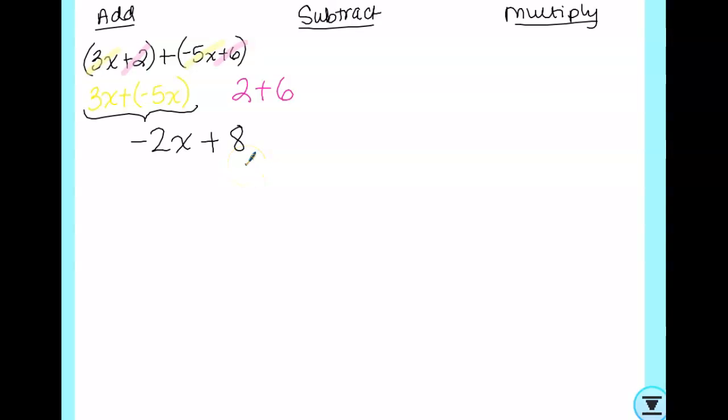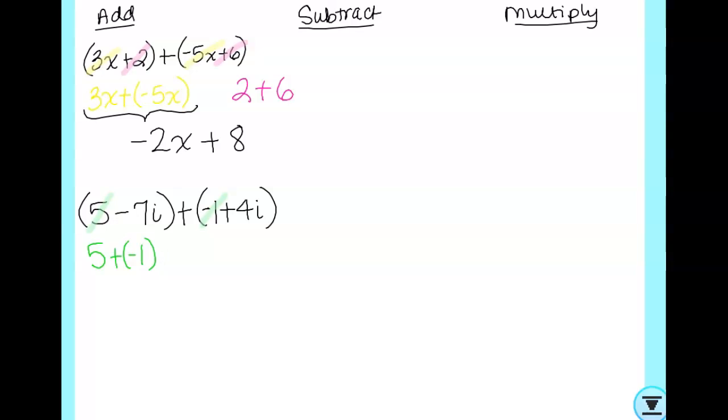Complex numbers work the exact same way. So if I were going to add 5 minus 7i plus negative 1 plus 4i, we would do it the same way. We would look at where my real numbers are. The real numbers would be these right here, so we would do 5 plus negative 1.